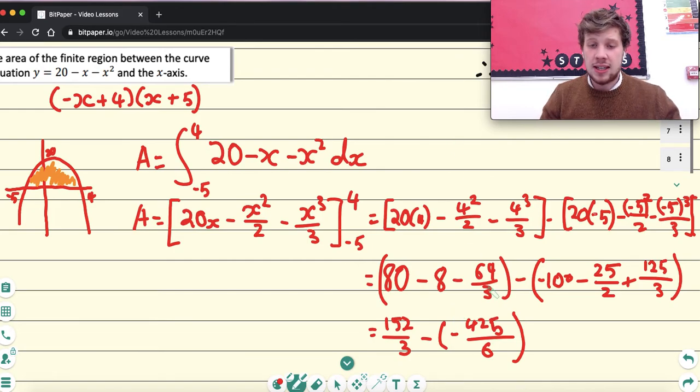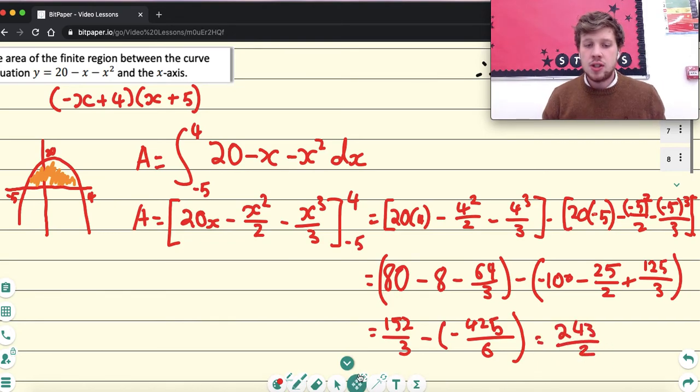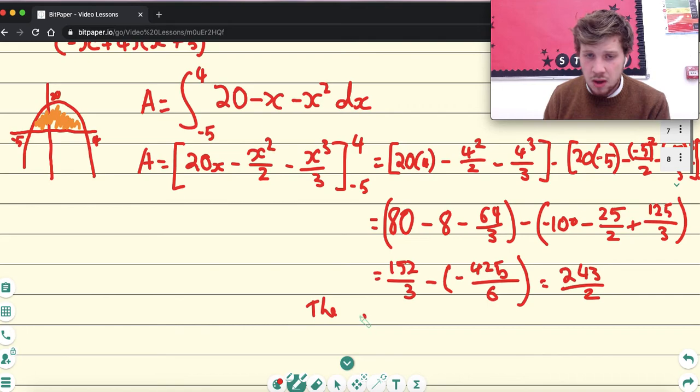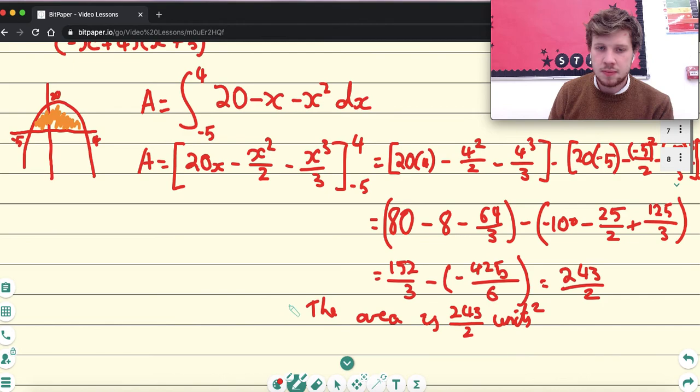That gives me a final answer of 243 over 2. So when I come to write this, I would say that the area is 243 over 2 units squared.